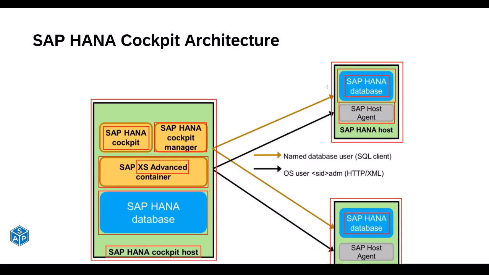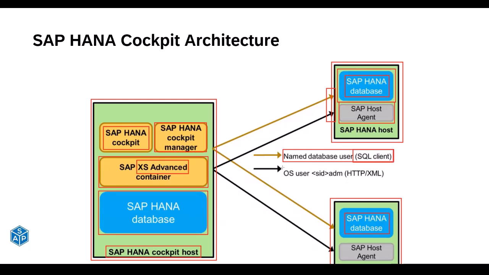And then you have two interfaces for connecting to your HANA database. The first one is through your SQL client. When you connect through the SQL client, it will be connected to your SAP HANA database. All the SQL queries will be connecting to your HANA database.